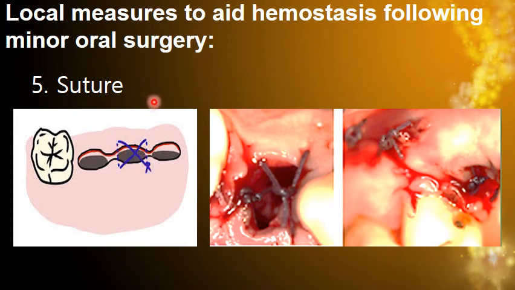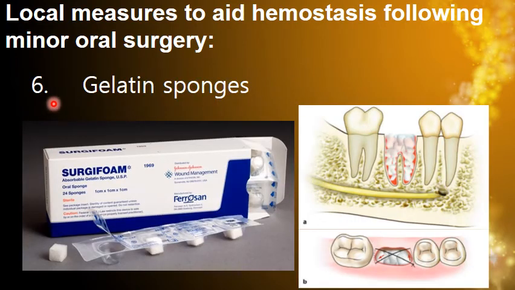We could use either a figure of 8 suture or a horizontal mattress suture to control the bleeding. The suture for controlling the bleeding should be left about 2 to 3 days to ensure there will be no secondary bleeding.